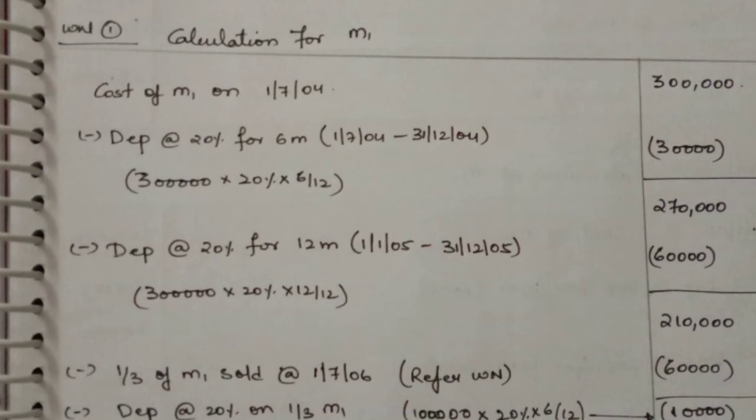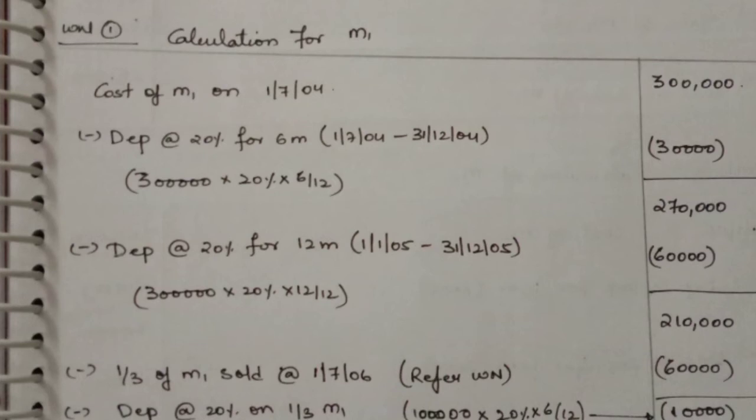And next, what are we doing? On 1st July 2006, we are selling 1/3 of machinery 1. But what is happening here is that from 1st January 2006 to 1st July 2006, that is 6 months, January, February, March, April, May, June, we are holding the 1/3 part of machinery 1 for 6 months in the year 2006.